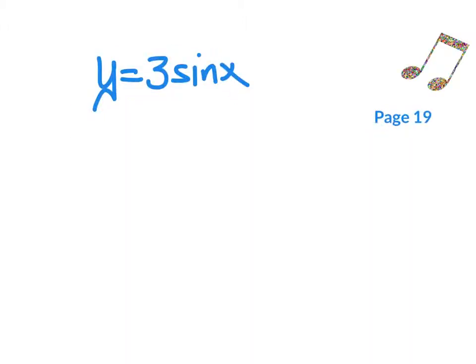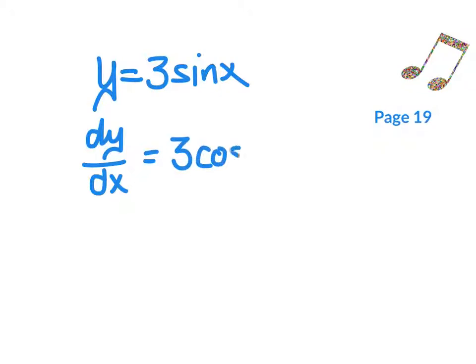So our first example on page 19 is y equals 3 sin x, and we're asked to differentiate with respect to x. So dy by dx is equal to, and we know that if we differentiate sin x we get cos x, so if we differentiate 3 sin x we're going to get 3 cos x.